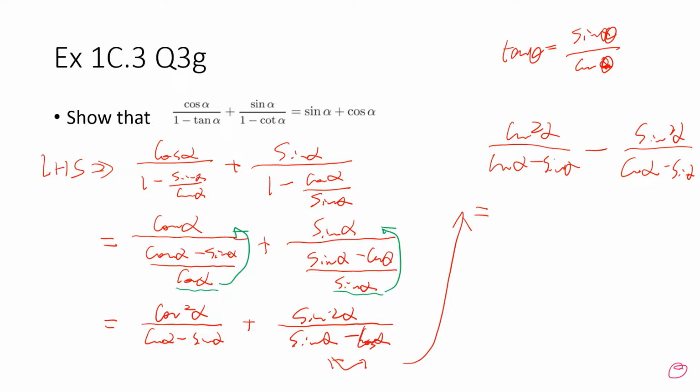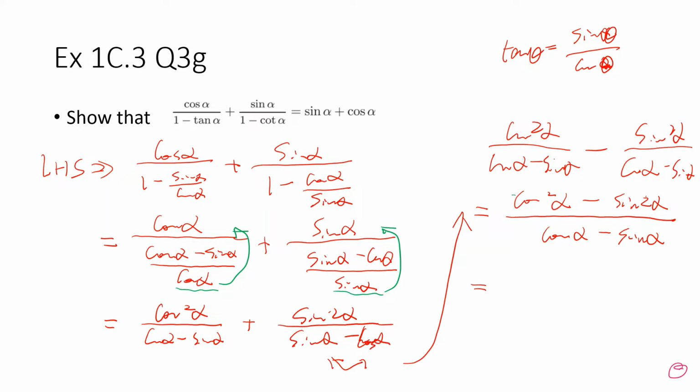Because on the numerator, we basically have a difference of perfect squares, right? And on the denominator, we have part of the factorization of a difference of perfect squares. Then all we need to do is factorize the top.